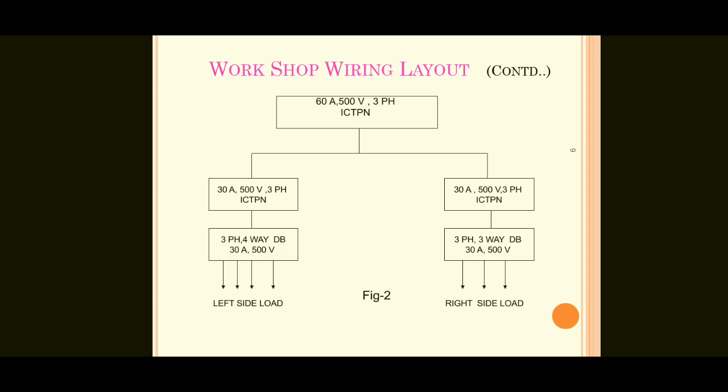Similarly, for the right side load, instead of a 4-way, a 3-way DB box: 3 phase, 3-way DB, 30 amps, 500 volt.